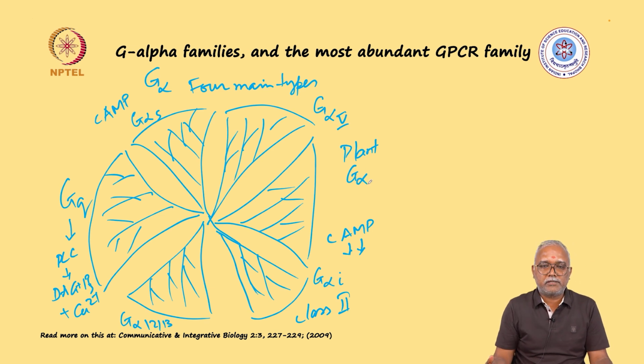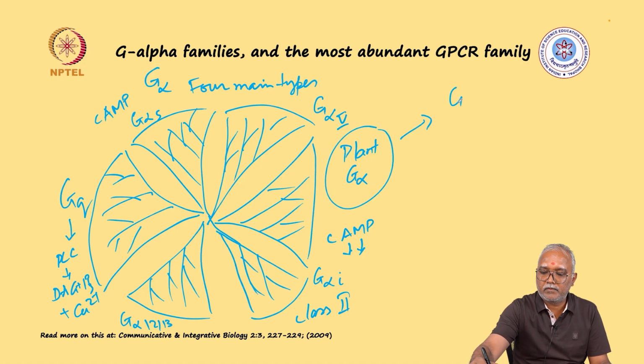They are in a nascent stage of understanding. There are few molecules which are responding through GPCRs, because if you recollect, most of the responses in plants are mediated by the receptor-like kinases, which were under the class of receptor serine threonine kinases. Here you have few G alpha, few GPCRs and so on. That study is still continuing.